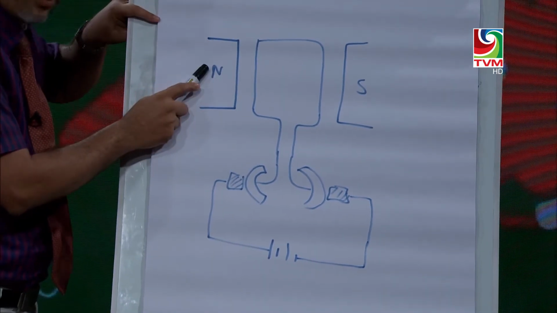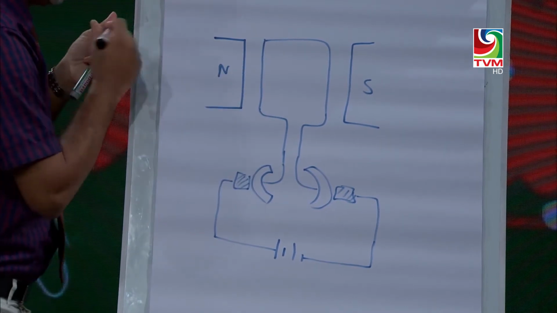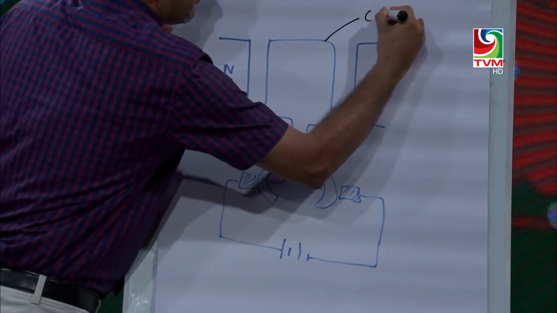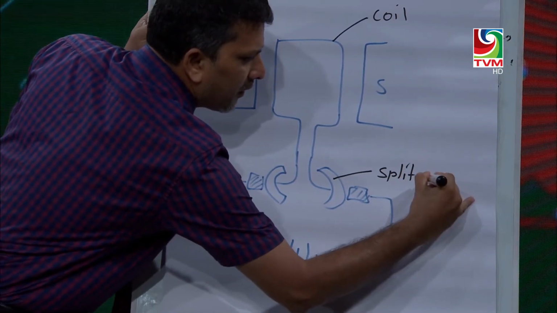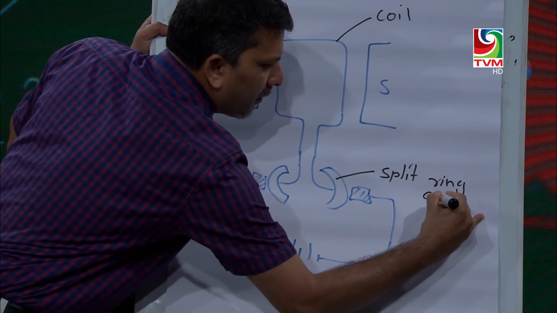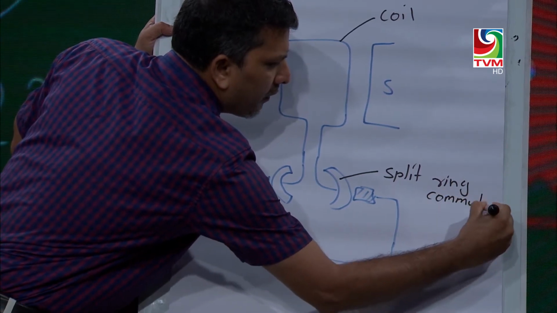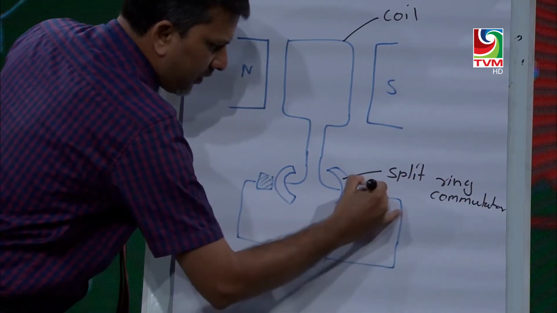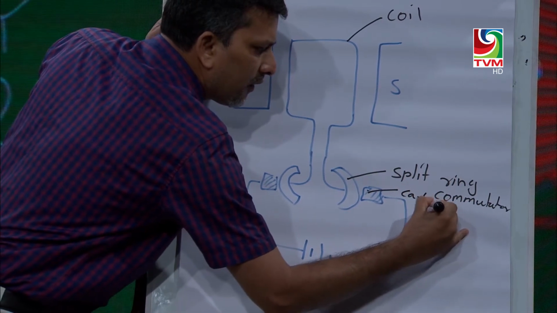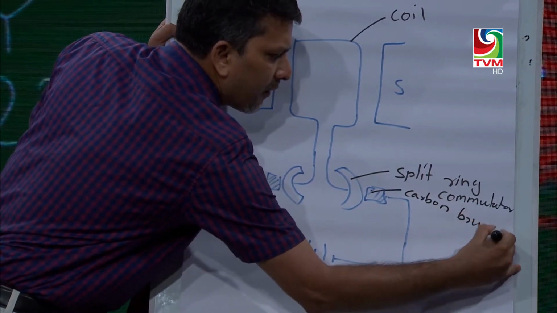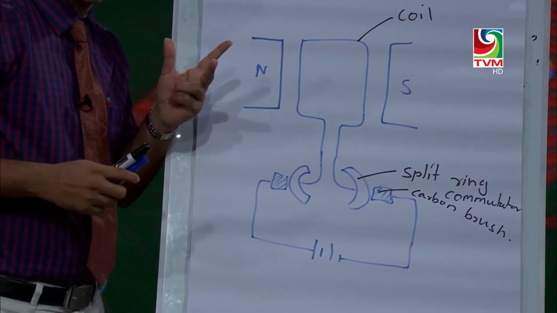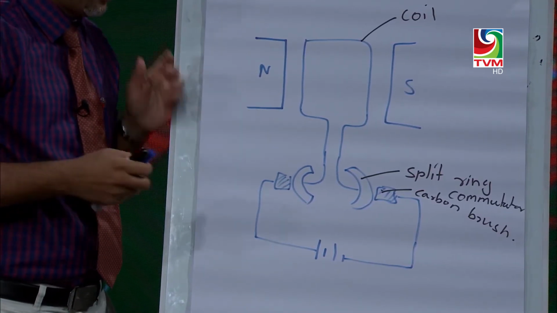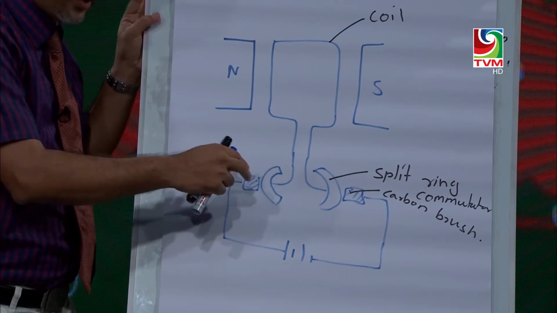Magnetic poles will be there, and this is the coil. Then this is the split ring commutator. And this is the carbon brush. We know using Fleming's left-hand rule, we already discussed these things.